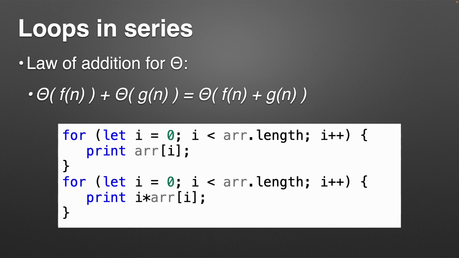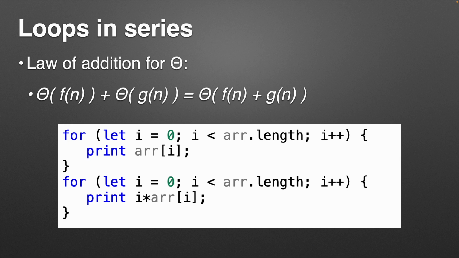What's called the law of addition tells us that if we imagine this code broken up, just pretend we're analyzing this alone, this is n. That's easy. We analyze this alone, this is n. When we have them together and we add them, we can essentially add the two big thetas, which means that the overall big theta of this is n, because the 2 doesn't matter. The 2 is just a constant.